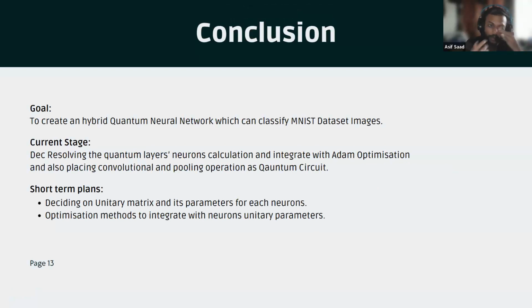Currently we're resolving the quantum layer neuron calculations and integrating with quantum Adam optimization, and also placing the convolution and pooling operations, which are very important since we have an image-based dataset, as a quantum circuit. What are our short-term plans? Short-term plans are to encode the unitary matrix and its parameters into the neuron, along with the optimization scheme that we have decided on.